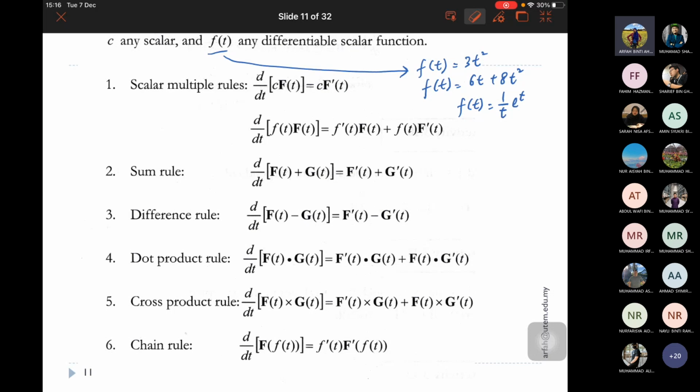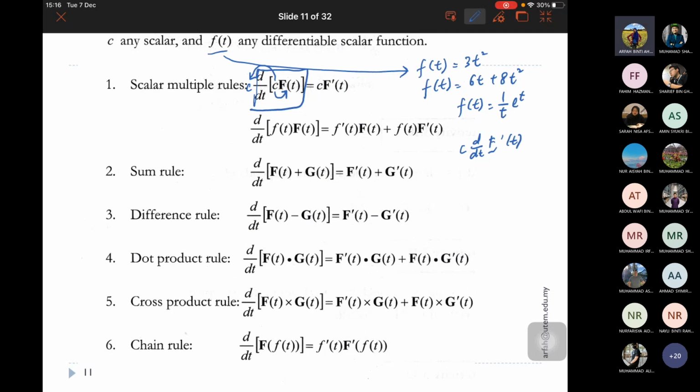So for example, if you have scalar multiples rule, you have c over here. Boleh sahaja kalau awak nak ambil c darabkan dengan vector function. Or to make it easy, you can pull out c over here and then you do the derivative with respect to the vector function. So dia akan jadi c d over dt of f prime t. Okay, so sama je, either way.